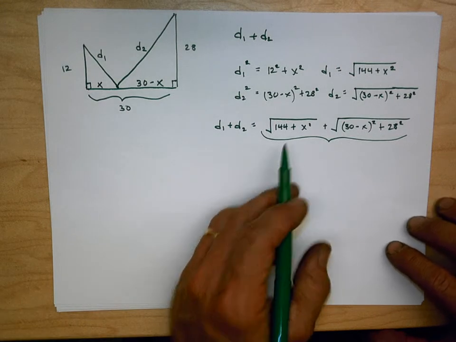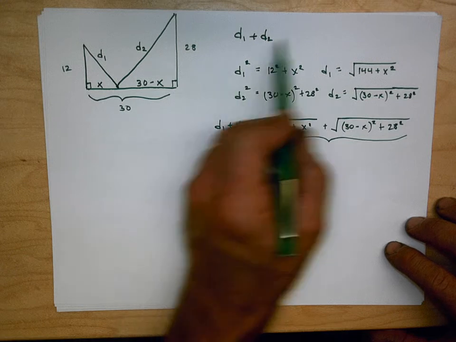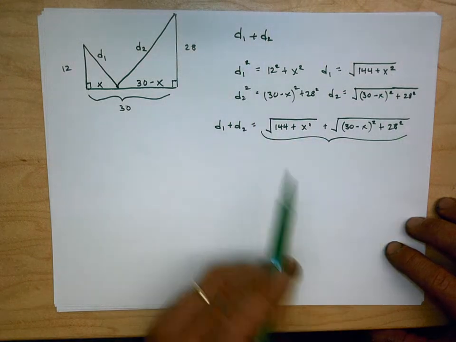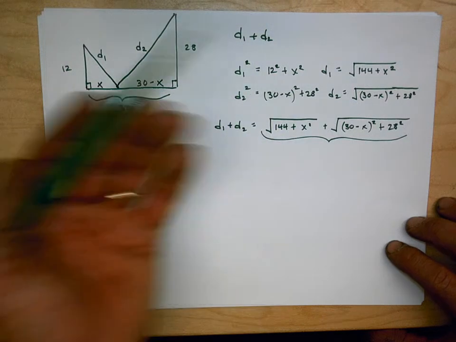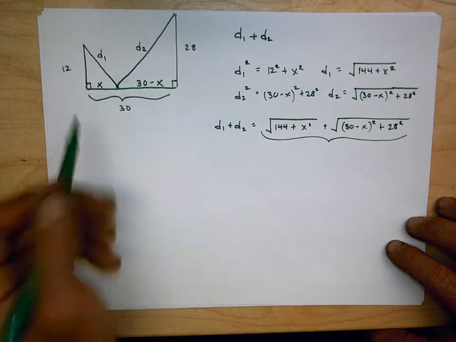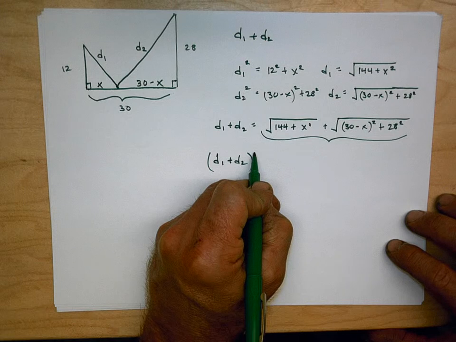And the important thing here is that we are able to represent the situation mathematically and then use calculus to solve the problem. So if we take D1 plus D2, we're going to take the derivative of that.